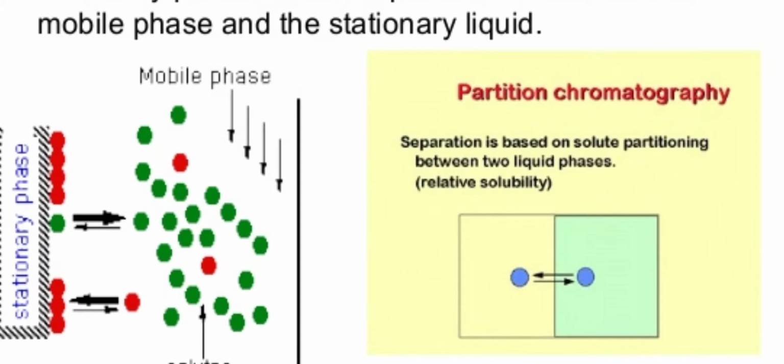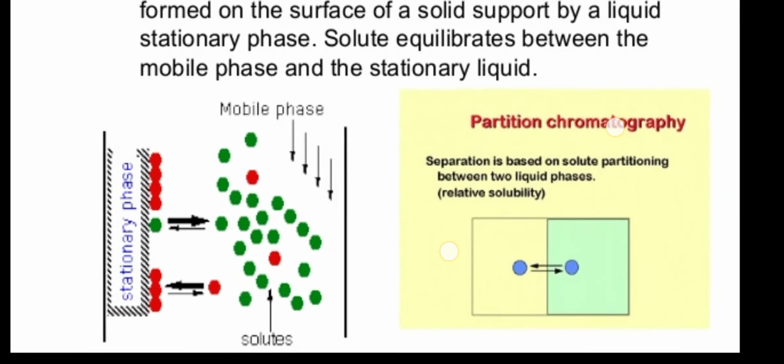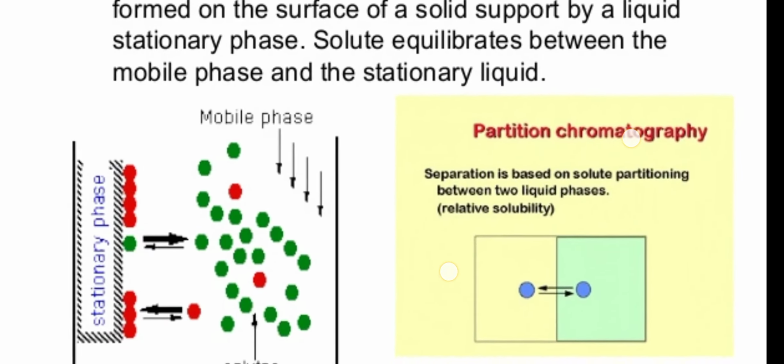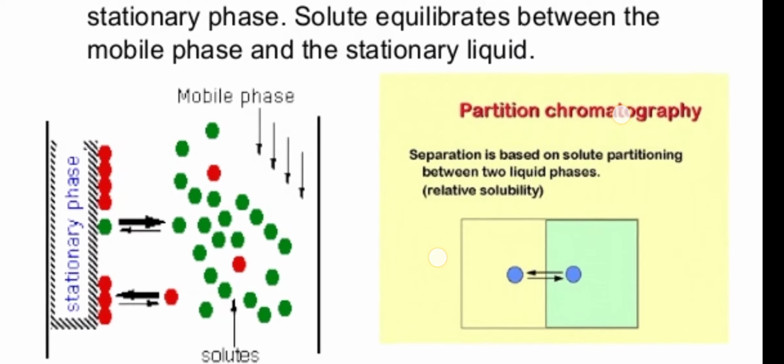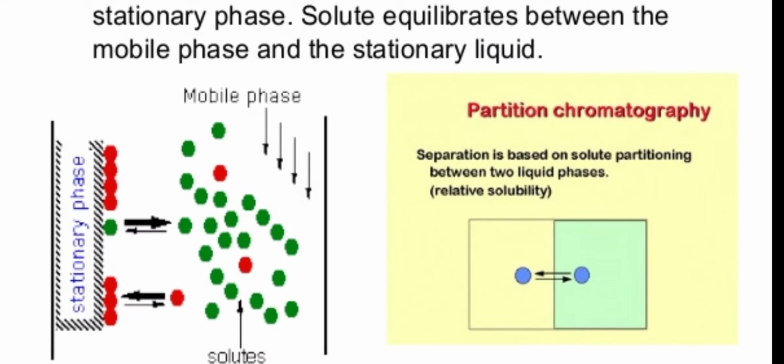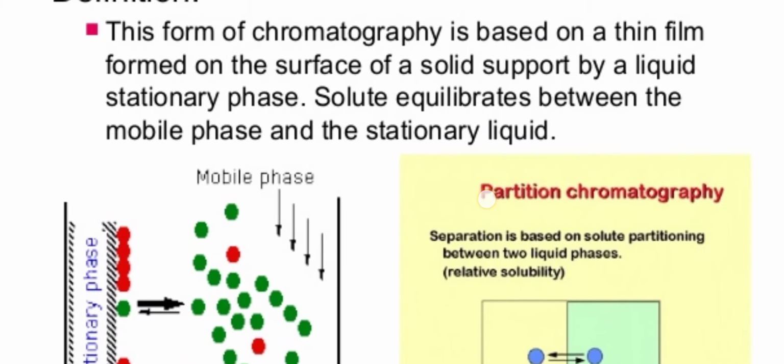If you take an example of a sample which has two components with different solubilities, one component can be soluble in the mobile phase and the other is soluble in the stationary phase, which is there with the solid support.